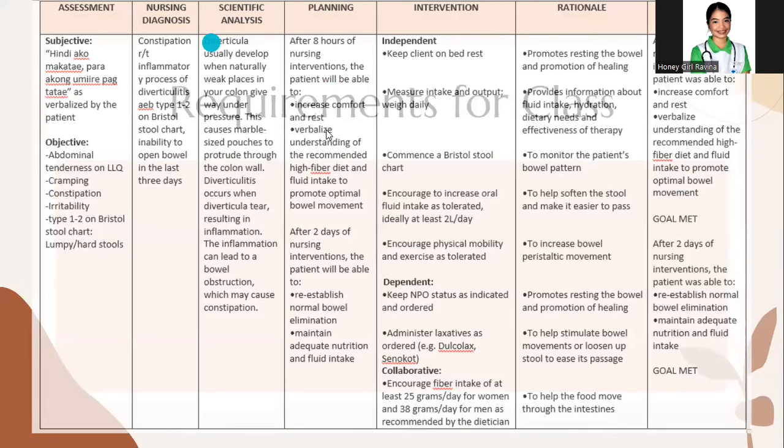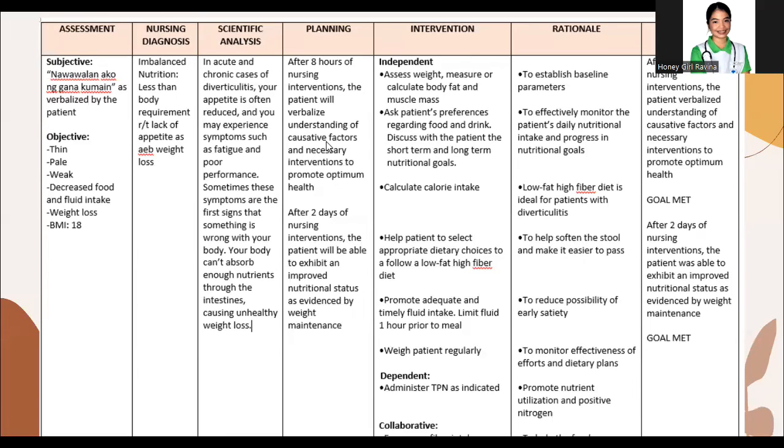So our third diagnosis is imbalanced nutrition less than body requirement related to lack of appetite as evidenced by weight loss. The independent nursing interventions include assessing weight, measuring and calculating body fat and muscle mass to establish baseline parameters.